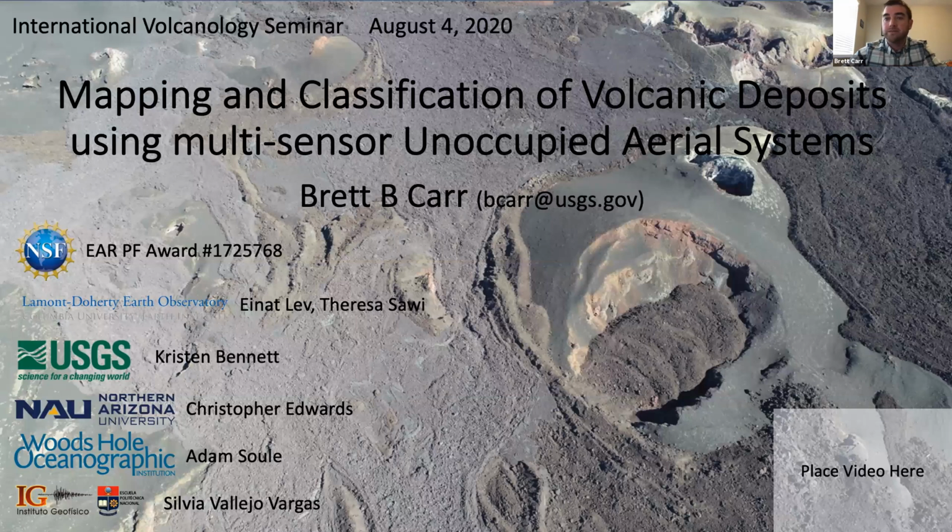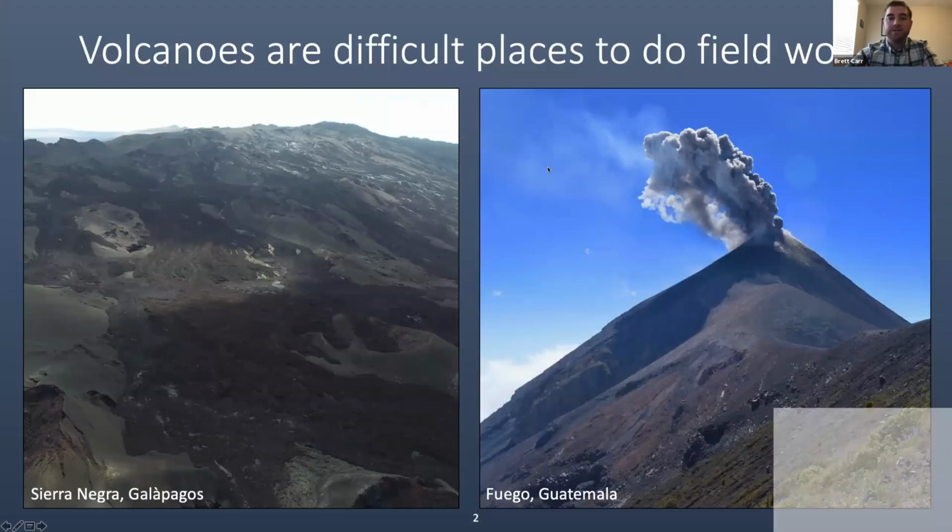First off, we start with the understanding that identifying and mapping the deposits from volcanic eruptions is essential for understanding eruptive processes. But as many of us are familiar with, volcanoes can be very difficult places to do field work.